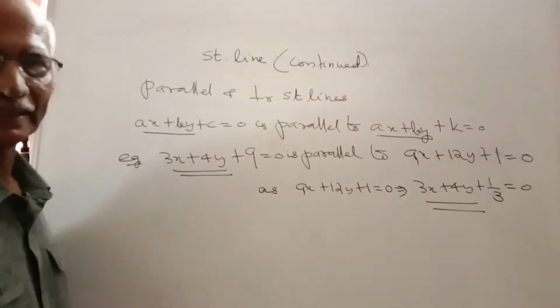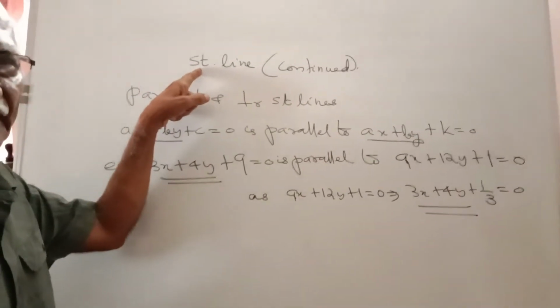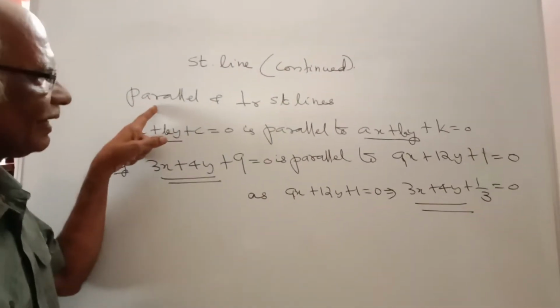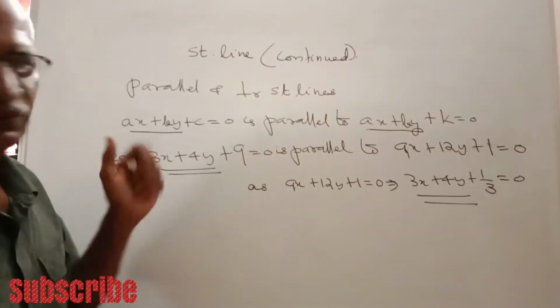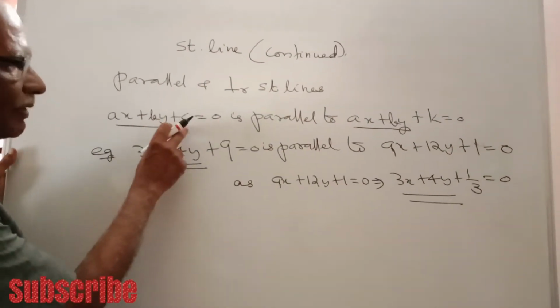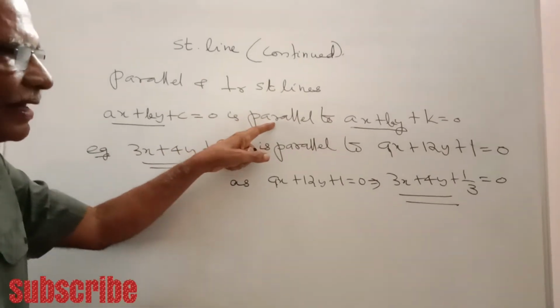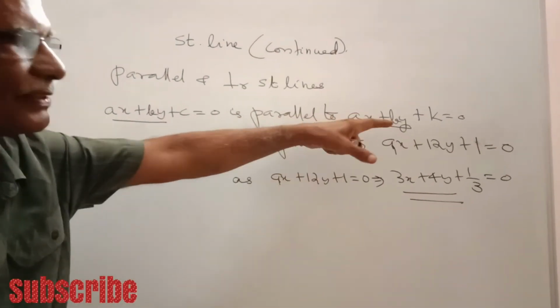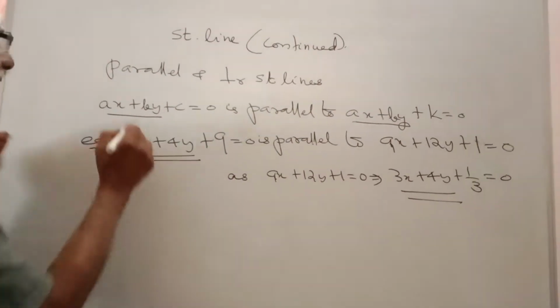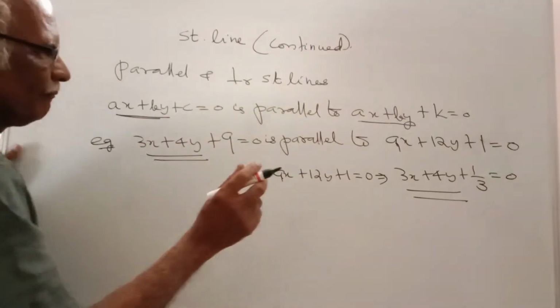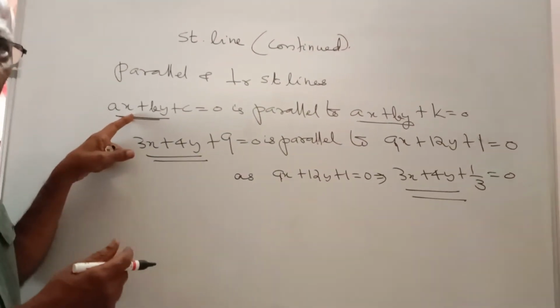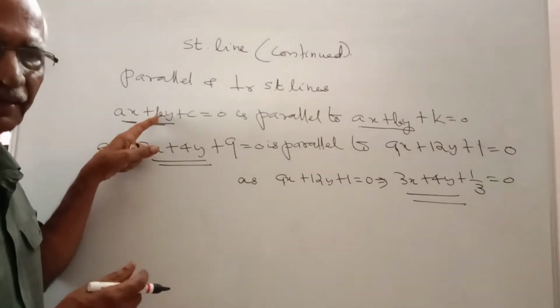Now here we consider continuation of straight lines, parallel and perpendicular straight lines. Ax plus by plus c equal to 0 is parallel to ax plus by plus k equal to 0. See that ax plus by is the same because the slope is determined by the terms in x and y.